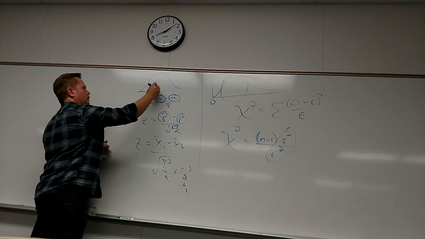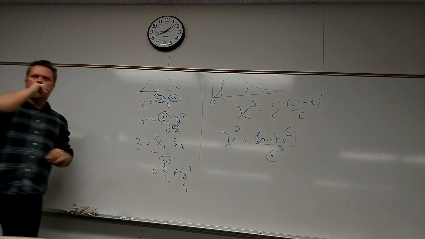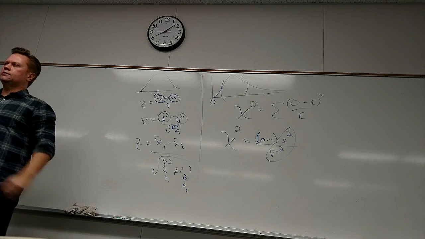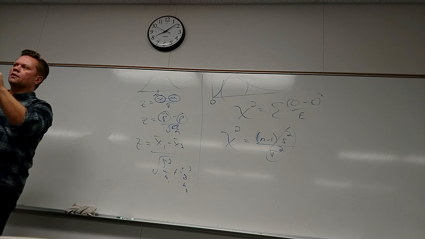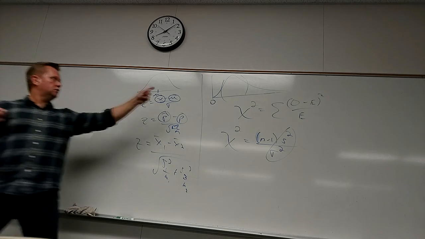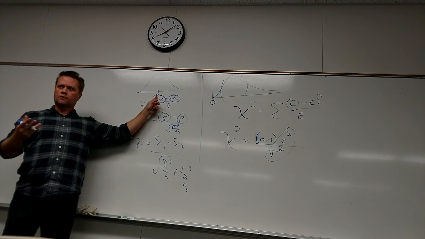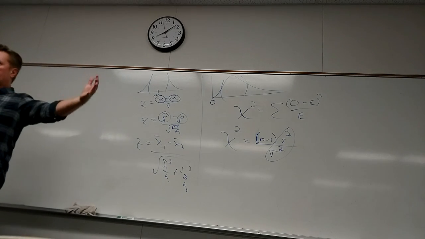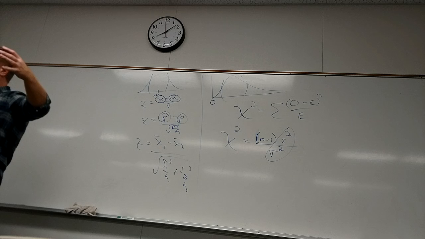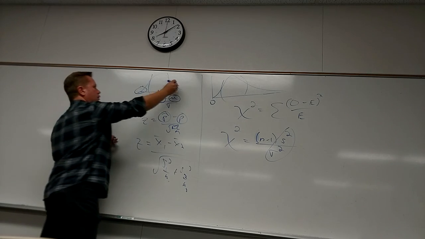So the same thing with this. If I have a mean, and let's say I have a normal distribution of ages, and I take one person, I would expect their age to be close to this, wouldn't I? That's why this middle part is so big. Because I expect most of them to be close, right? Not very many should be out here.